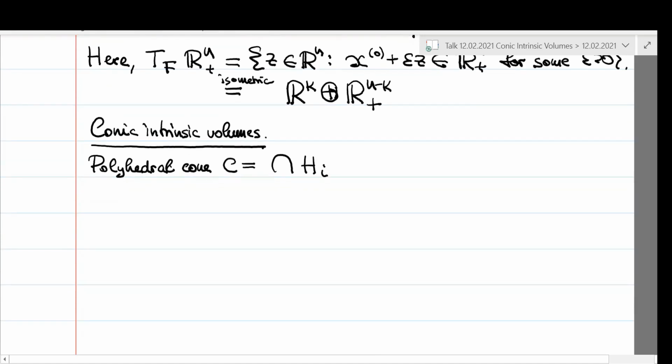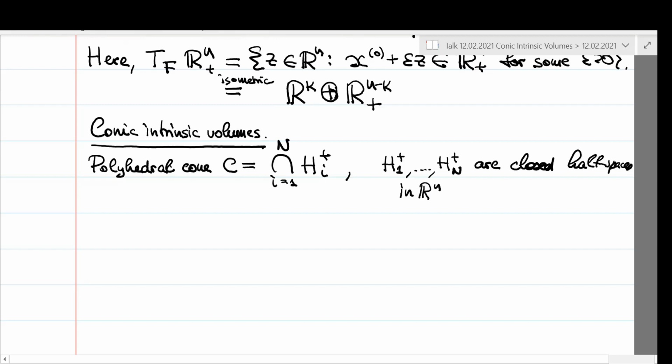So let us call them H_i plus, i from 1 to capital N, H_1 plus and so on, H_N plus, are closed half spaces whose boundaries pass through the origin in R^n. So we take half spaces, intersect them, and what we get is a cone, a polyhedral cone, more precisely.